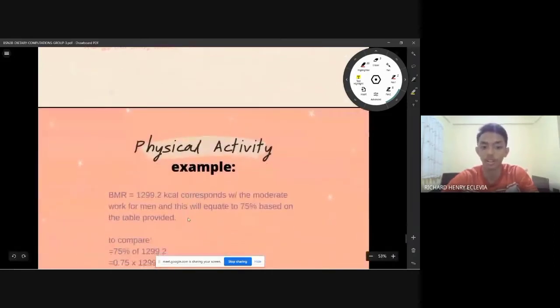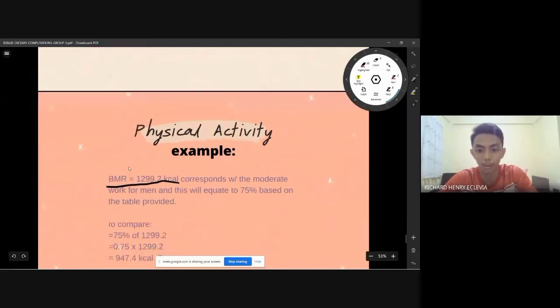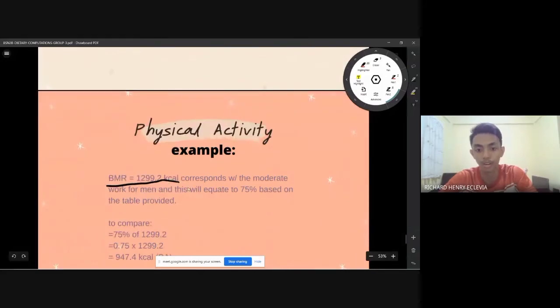So to compute, di ba, nakuha na natin yung BMR kanina. Ayan. So, dagdagan na naman natin ng information si Justin. So, si Justin daw, yung BMR niya, yung 1299.2 kilocalories, corresponds with moderate work for men.